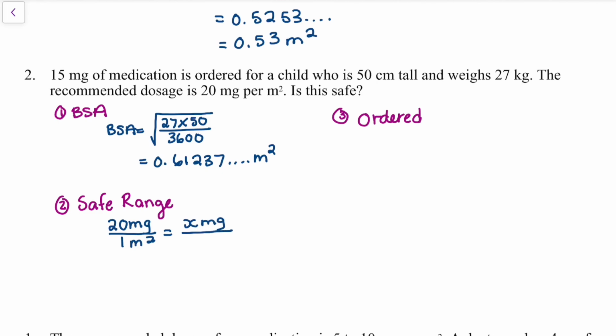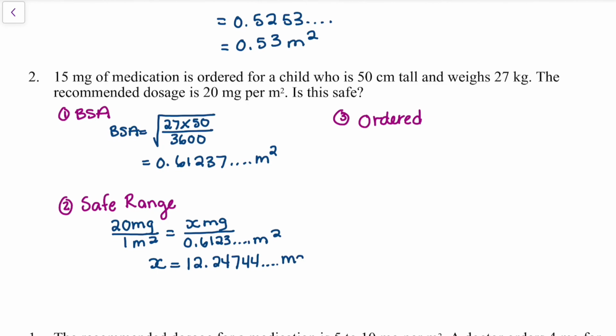How many milligrams for 0.6123 and so on? Remember, we don't round, so I get x equals 12.24744 and so on milligrams.